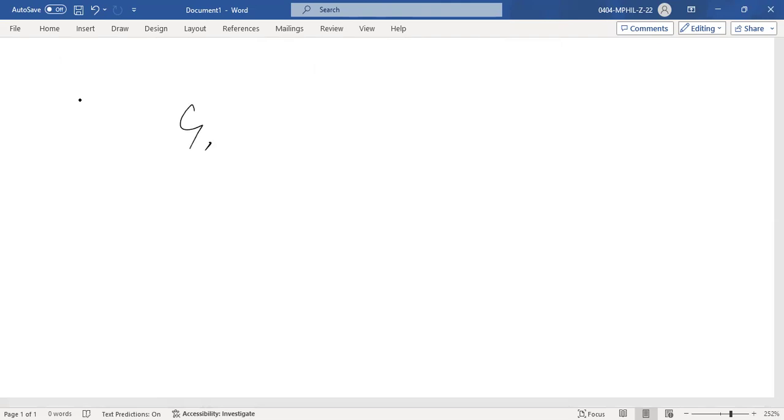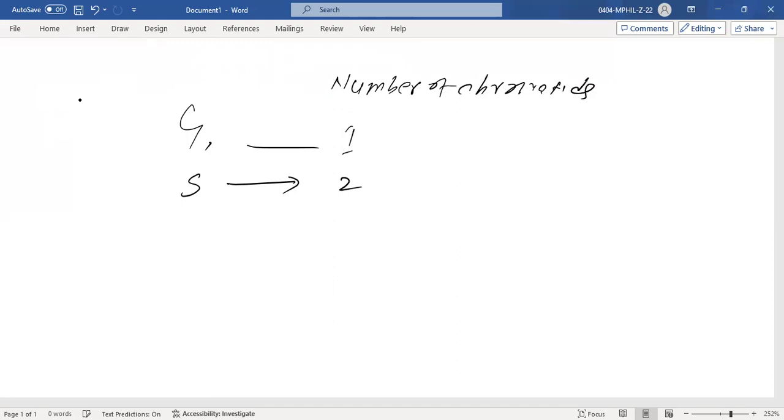Number of chromatids would be what? 1, at G1 phase. What would be after S phase? 2. I'm talking about number of chromatids. Remember, number of chromatids. So G2 phase, what do you think? 2. Remains 2.